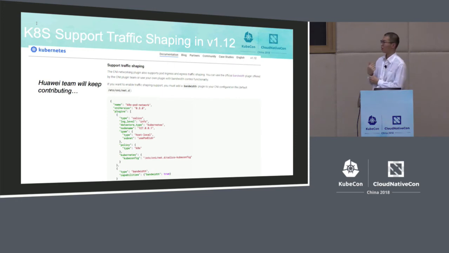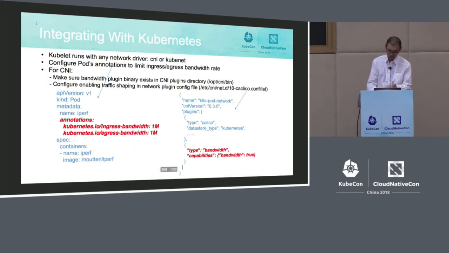This is Kubernetes version 1.12. How to use it? If you did not use this before, maybe it's challenging for you to accept this. So you can go to the official website for more details. But now we are still making the preliminary version. You can have a look at the annotations.